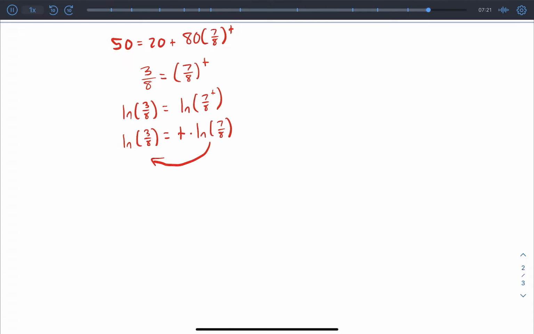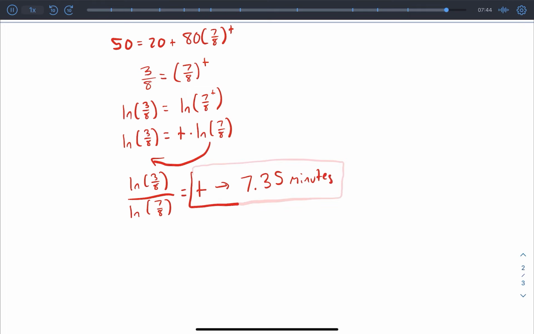Let's move this term over to the left-hand side and solve for t. We get ln of 3/8 divided by the natural log of 7/8 is equal to our time t. If we do that math out, we find that our time t is equal to about 7.35 minutes. And that's how you do part B of this problem.